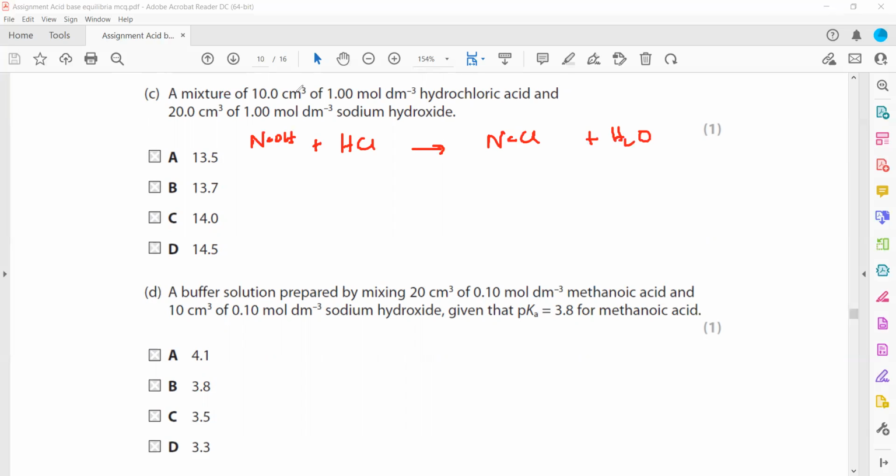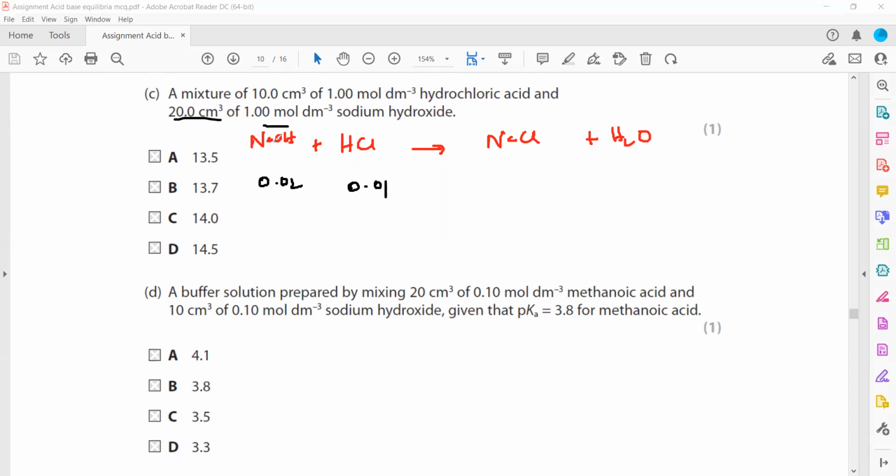When we find the moles, moles is concentration times volume, but volume should be in dm cube. The moles are 0.01 for HCl. And the moles of sodium hydroxide are 0.02 because the volume is 20 and the concentration is 1.